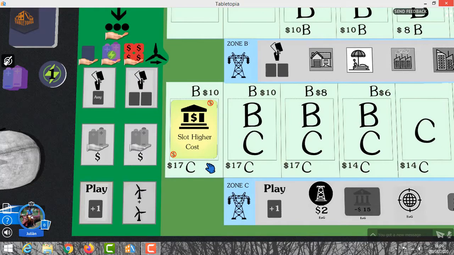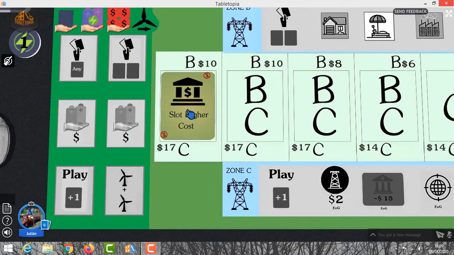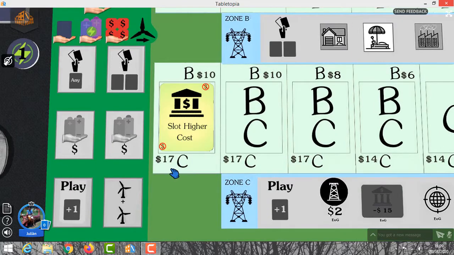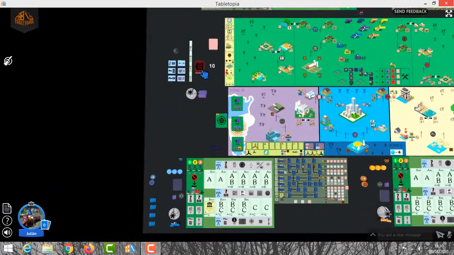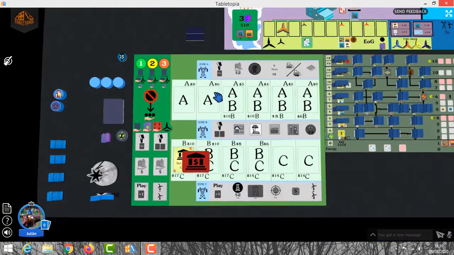And we will be getting money from the supply, from the bank, according to the higher cost of the slot where the card has been placed. That means that in this space we'll be getting from the supply 17 coins and also a loan marker.